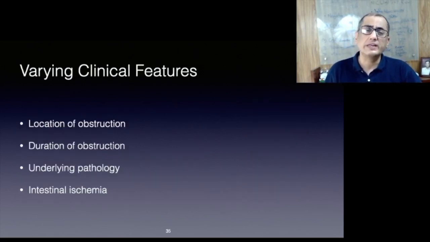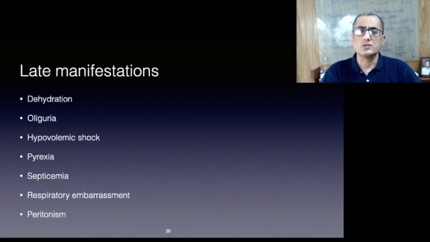As we've seen, the clinical features vary according to the location and duration of the obstruction, the underlying pathology, and the presence or absence of intestinal ischemia. As vomiting and third space losses of fluids and electrolytes continue, later manifestations of intestinal obstruction that may be encountered include dehydration, oliguria, and hypovolemic shock.